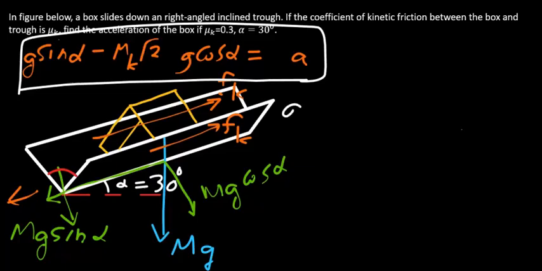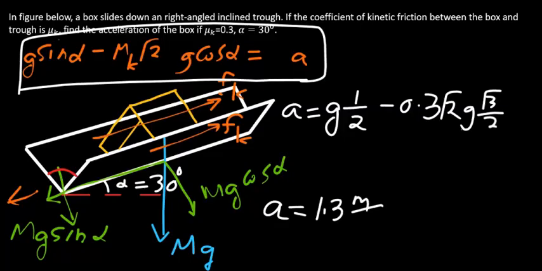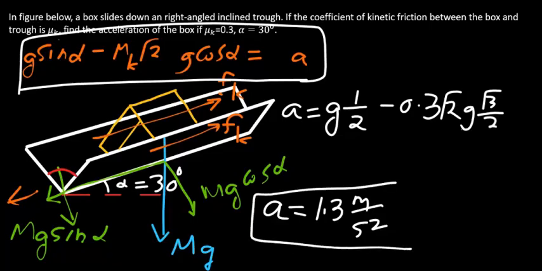So if that's the case, the acceleration becomes g sine 30, which is half, minus mu k, 0.3, given in the problem, square root 2, g, and cosine 30, which is square root 3 over 2. And when you do the calculation, the value of acceleration turns out to be 1.3 meters per second squared. And that solves the problem. Thank you for watching.